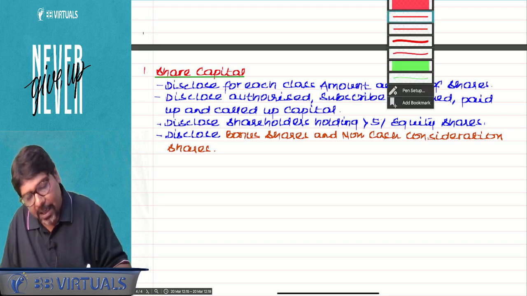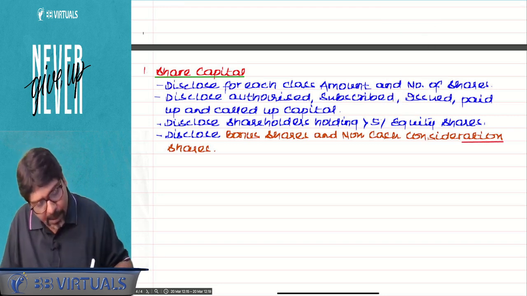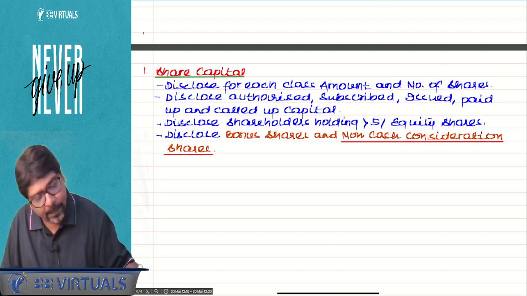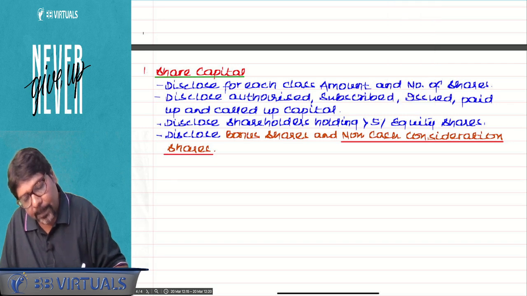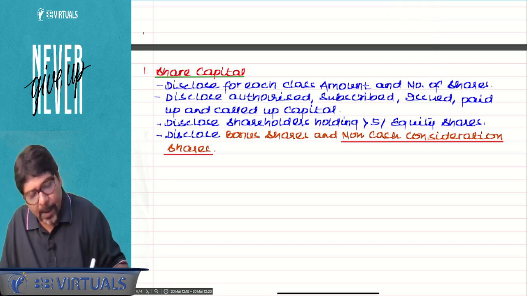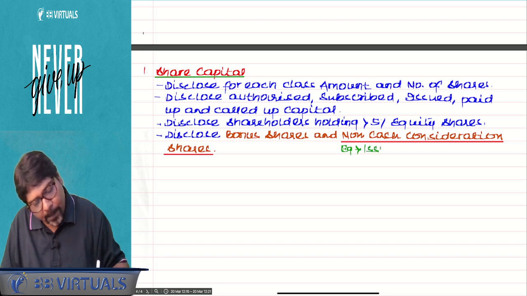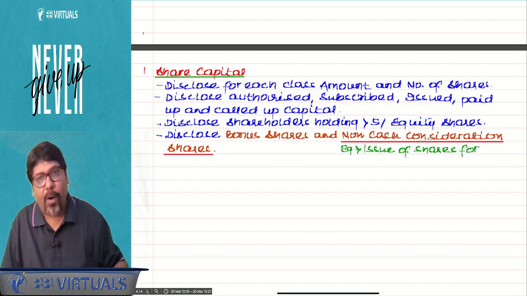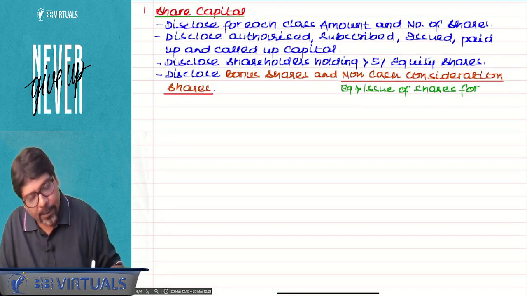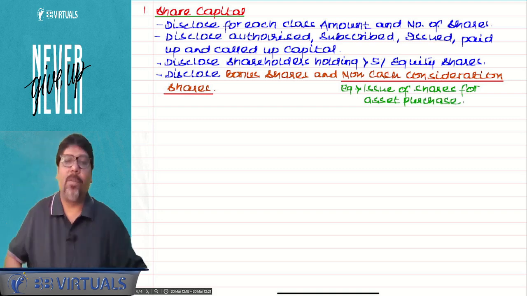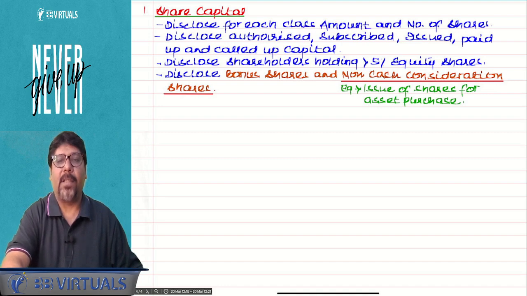Non-cash consideration shares, example: issue of shares for asset purchase. Issue of shares for asset purchase, Chartered.